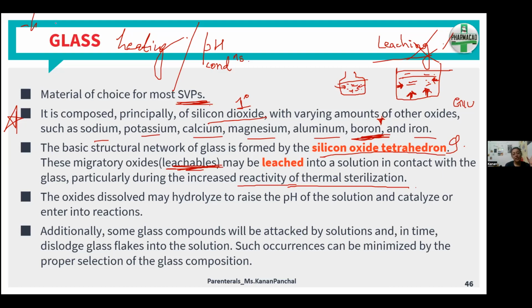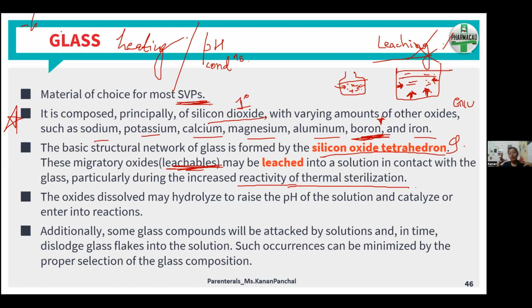Now the oxides dissolve, may hydrolyze to okay, so formulation के अंदर का pH है जिससे भी ये सब promote हो रहा है leaching, and once these oxides get leached into your formulation, it is again going to alter the pH of your solution.